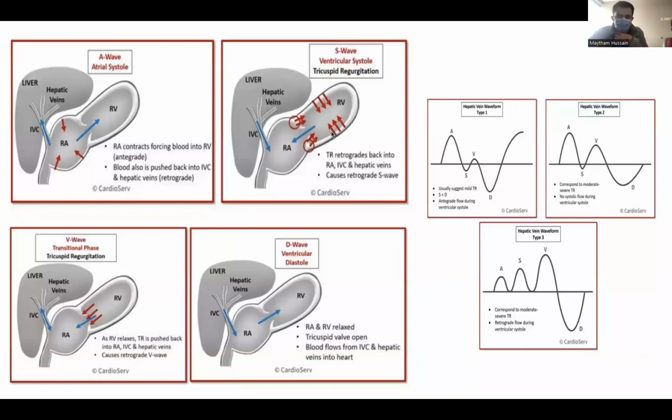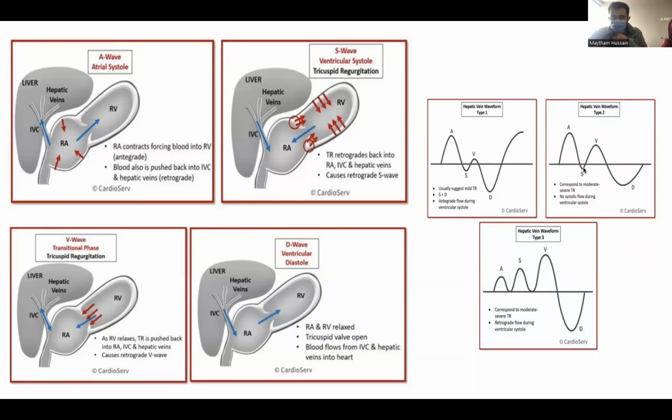So again, looking at this diagram, this helps explain it a little bit better. We have the A wave, the atrial systole, as we talked about. It pushes blood in both directions, and that's why you get this deflection here. And then in the setting of severe tricuspid regurgitation during systole, as you can imagine, when the right ventricle is squeezing blood out, a large portion of that blood will flow back through the tricuspid valve and then back into the hepatic veins.